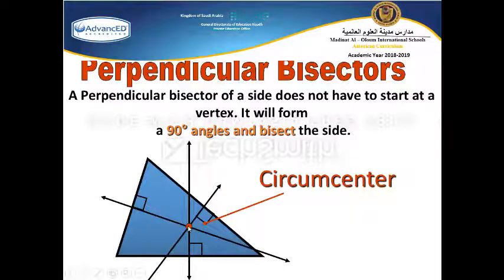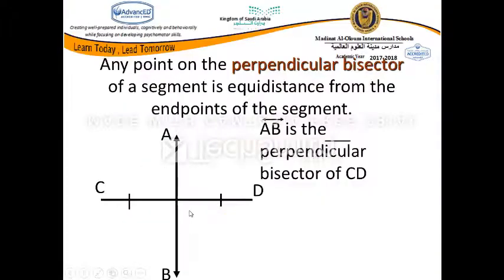This point of intersection of the perpendicular bisectors is called the circumcenter. Any point on the perpendicular bisector of a segment is equidistant from the endpoints of the segment.